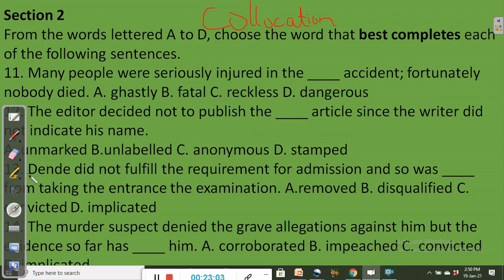So question number 13, then they did not fulfill the requirement for admission and so was dashed from taking the entrance examination. All right, there's a repetition of the article here. So let's correct that. Okay, so now was dashed from taking the entrance examination. Option A, removed, B, disqualified, C, convicted, D, implicated.